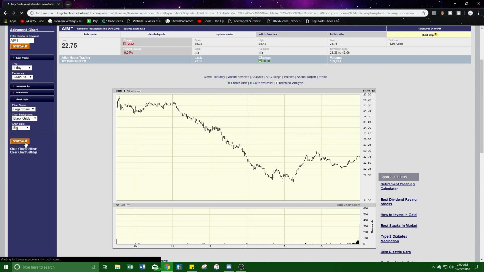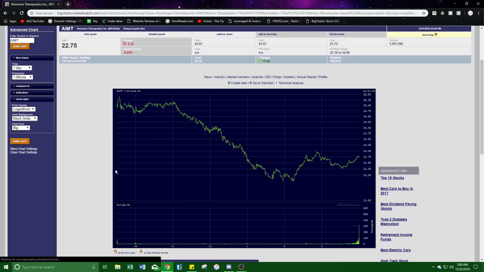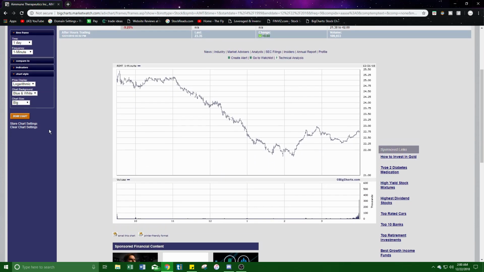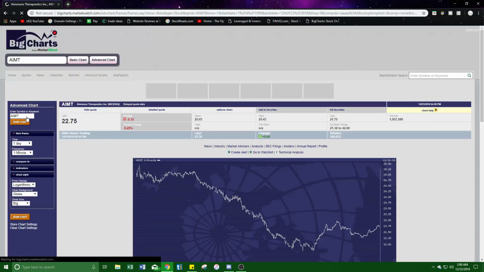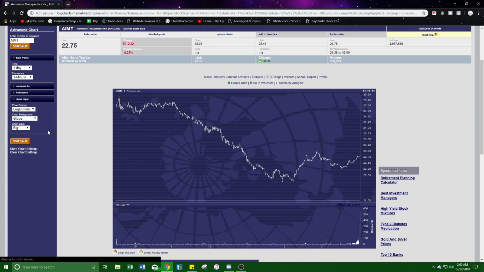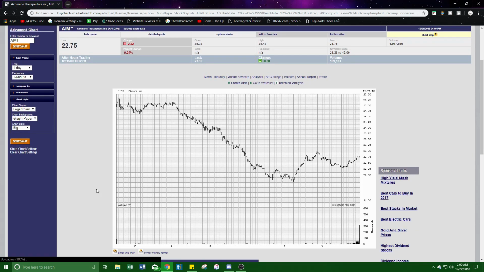And then real quick, I'll just go through and show you guys the different chart backgrounds you can choose. This is the black grids, blue and white grid, or blue and white, black, globe, graph paper, and blue.